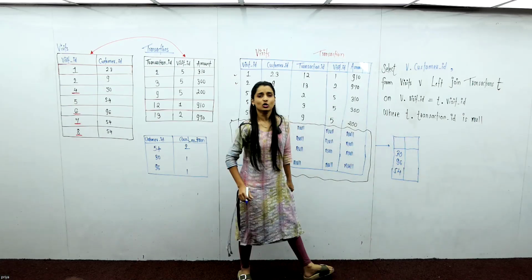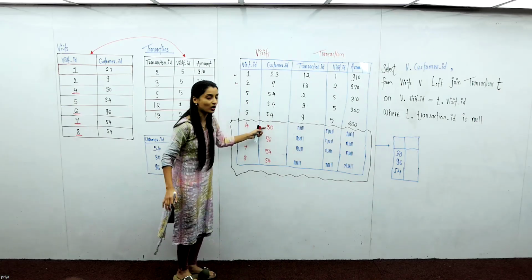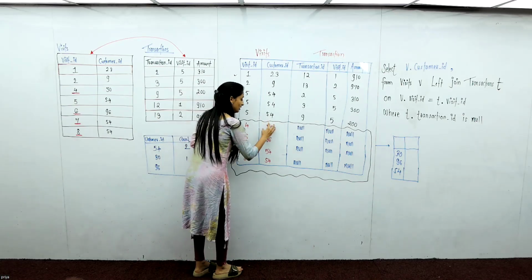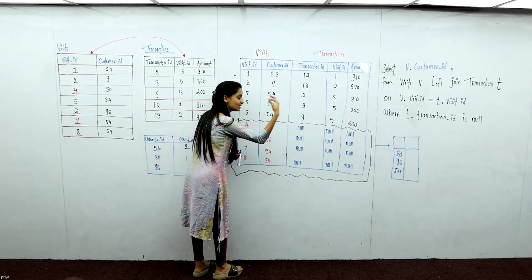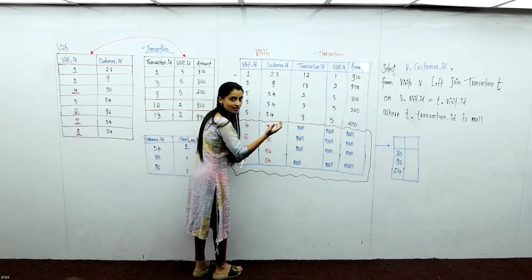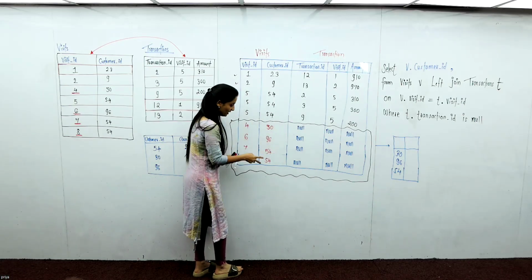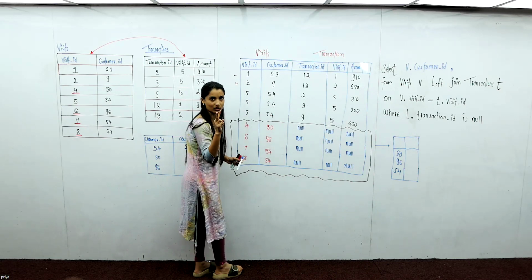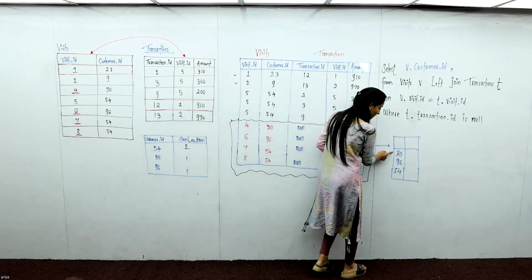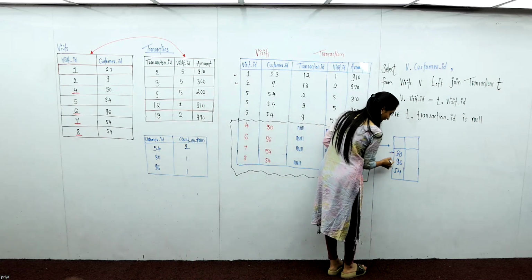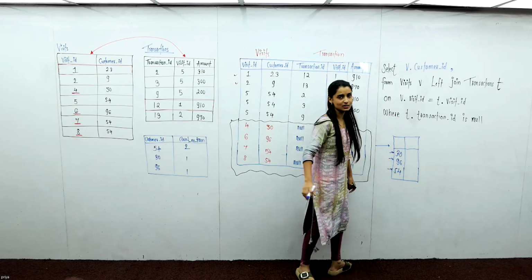So we have 3 groups, as per customer ID. If we had one more 30, that would be considered in the same group. 96 is another group, 54 is one group. In the 54 group, we have 2 records. So we will have 3 groups as per the customer ID.